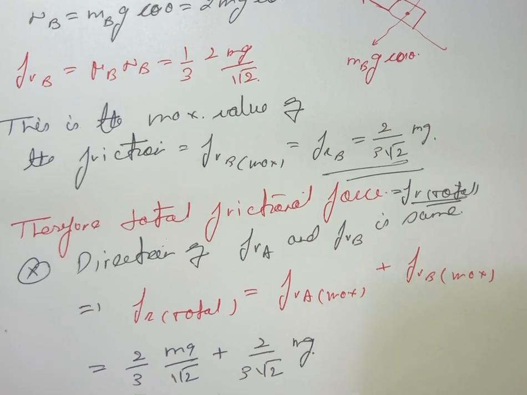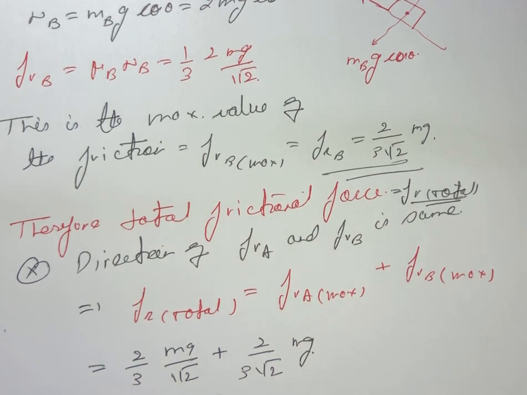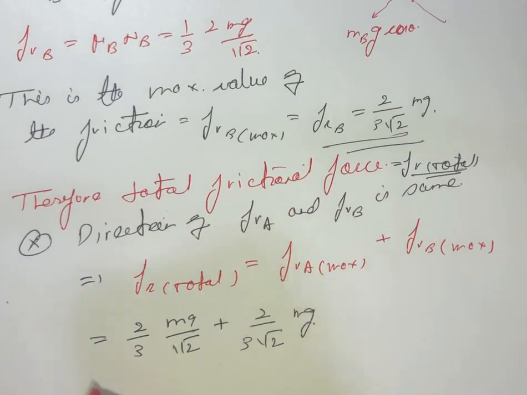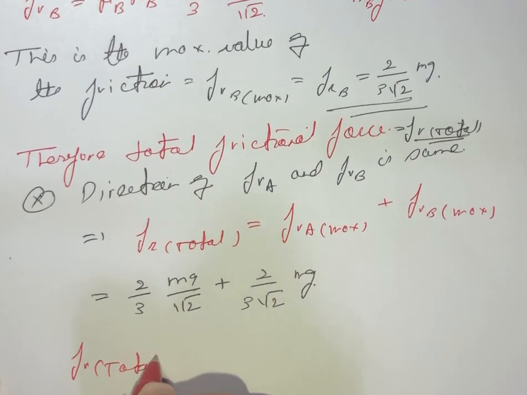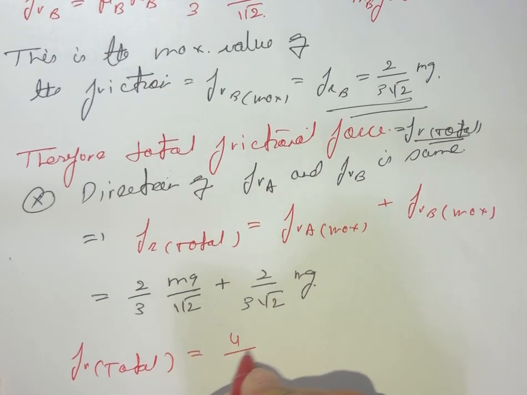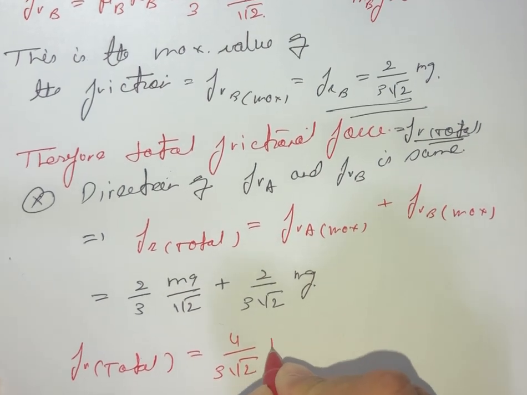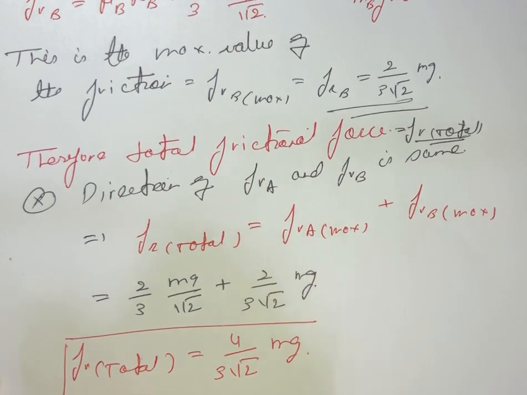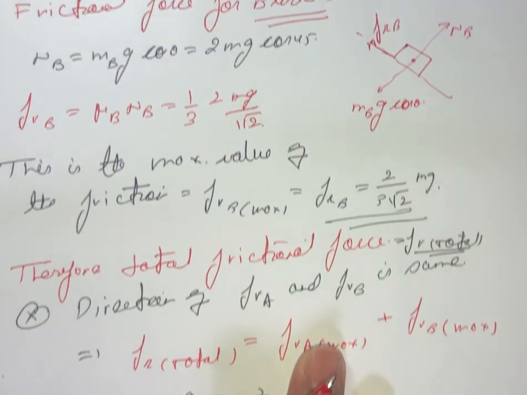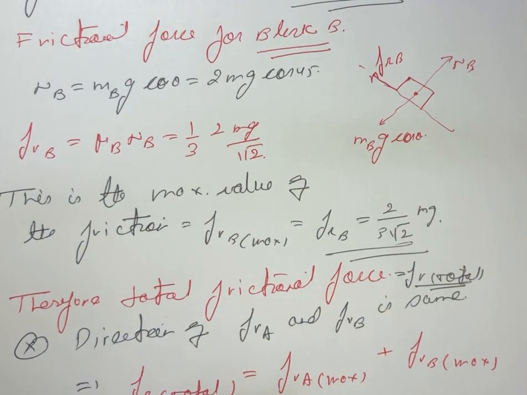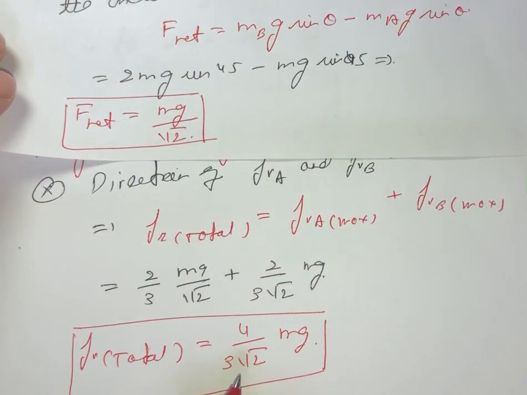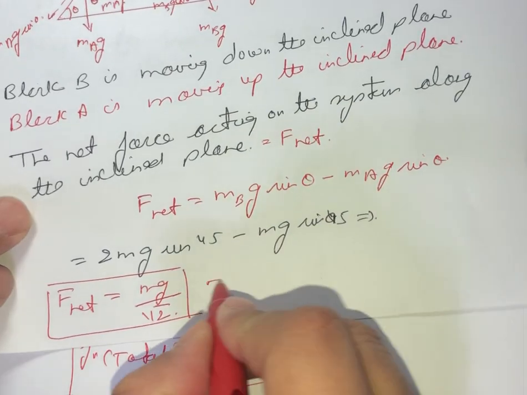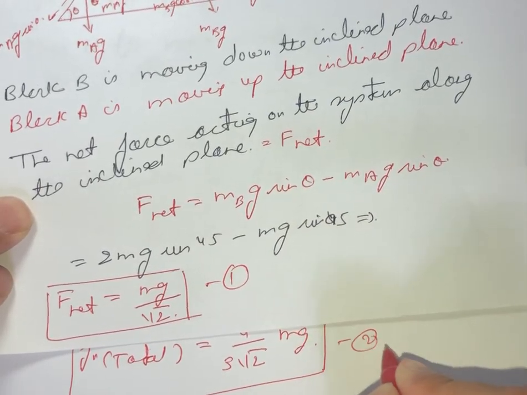So FR total is equal to 4 divided by 3 root 2 mg. Now we are going to make a comparison between the net force and the frictional total force. Let us call this equation number 1 and this equation number 2.